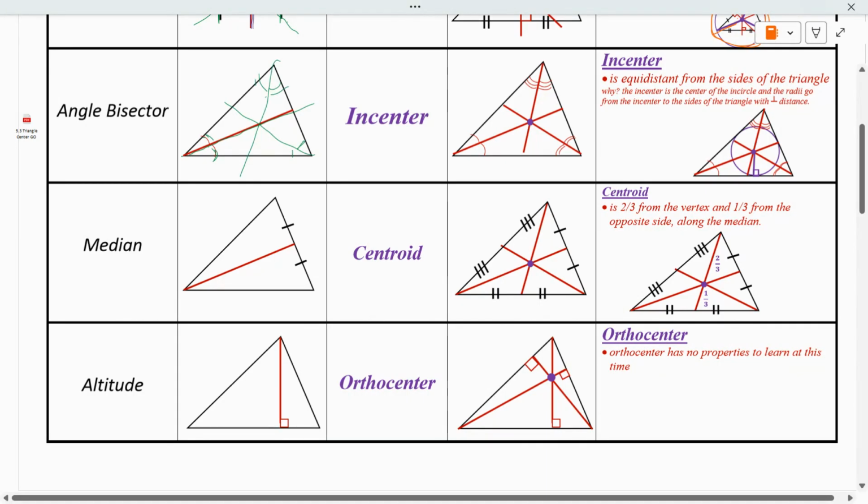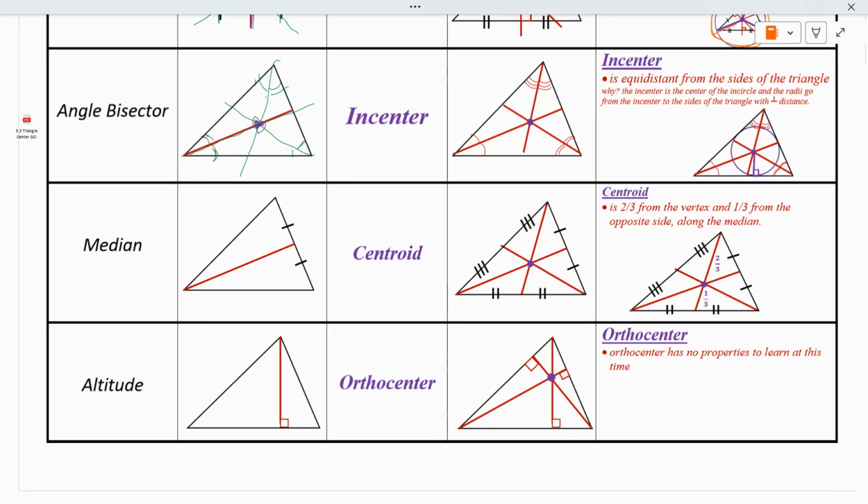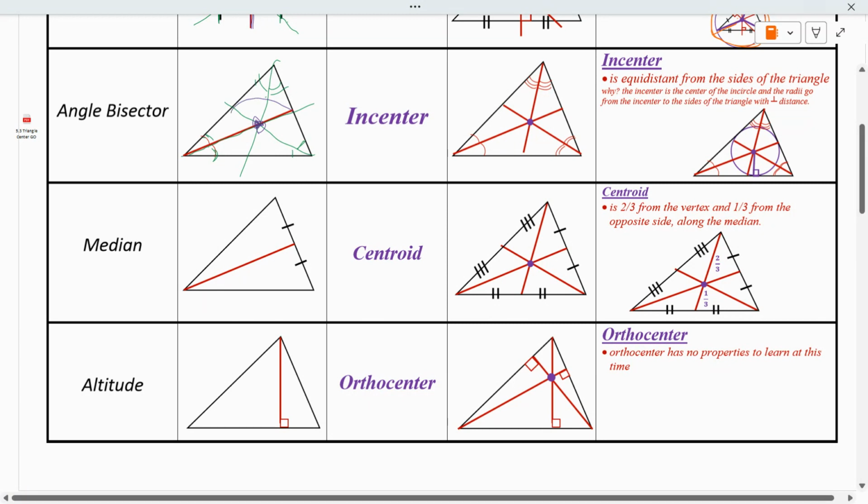And when I draw three angle bisectors, the place where those three lines intersect, or become concurrent, is called the incenter. Now, the incenter is unique because you can inscribe a circle inside of a triangle.